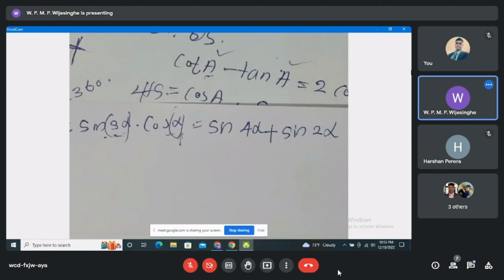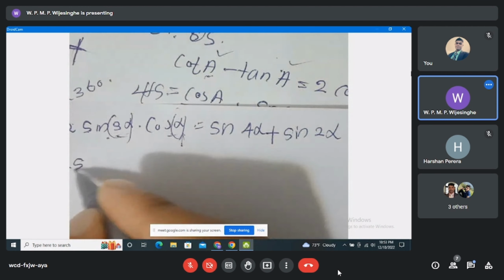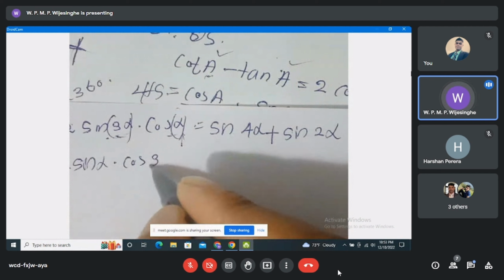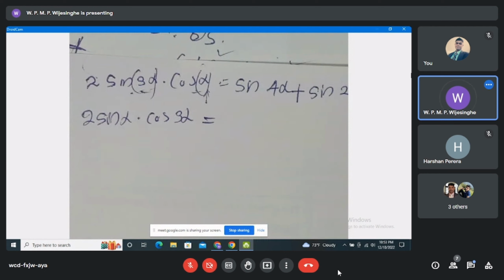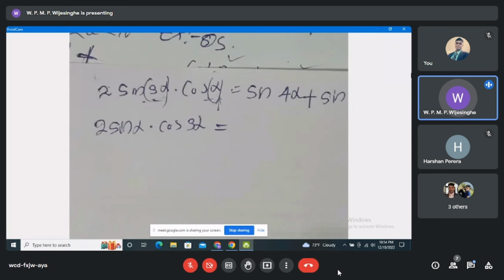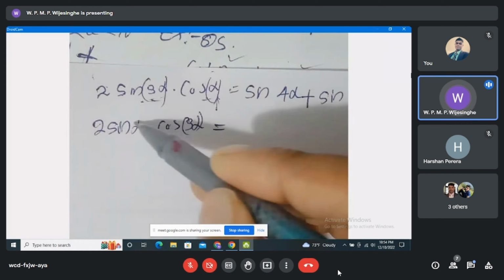Yes, next one. 2 sin alpha cos 3 alpha. Yes, here also having sine cos terms. So here the 3 alpha in the cos is greater than alpha.